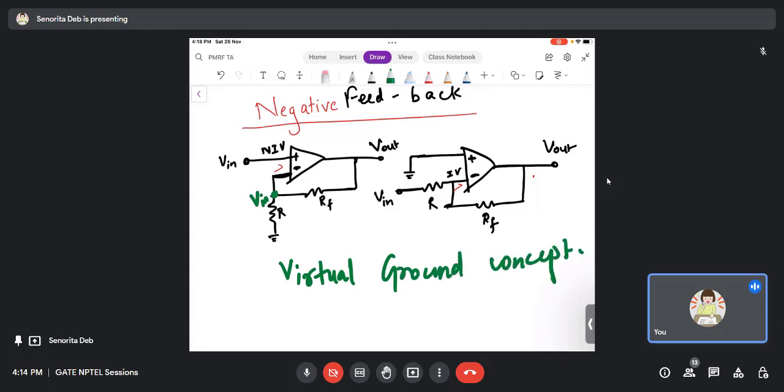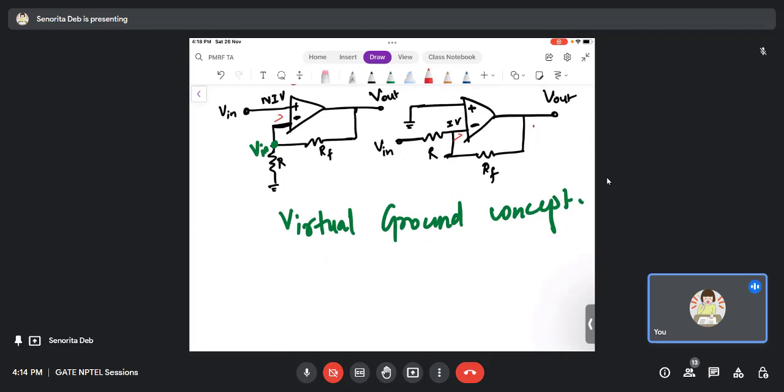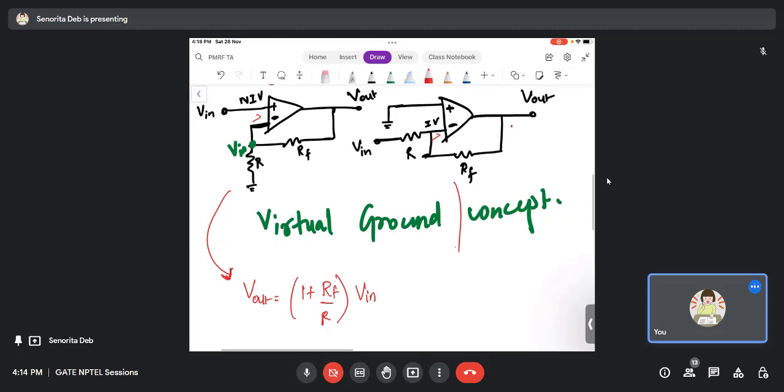From here, for a non-inverting input, we get V out as (1 + Rf/R) times Vn, and for an inverting configuration we get V out as minus Rf/R times Vn. The only difference is this negative sign. So it inverts, and in the non-inverting terminal it does not invert, right?